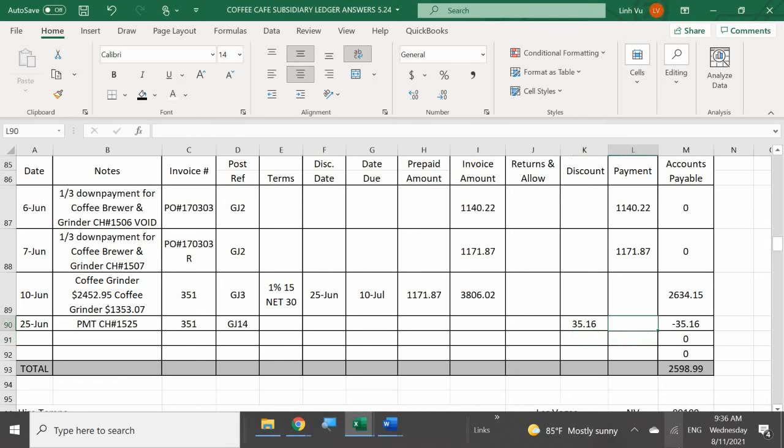And what was it? 2598.99. There you go. Which should bring you back down to 0 in both columns. I mean, in this column it says I paid 2634.15, and then everything is 0.